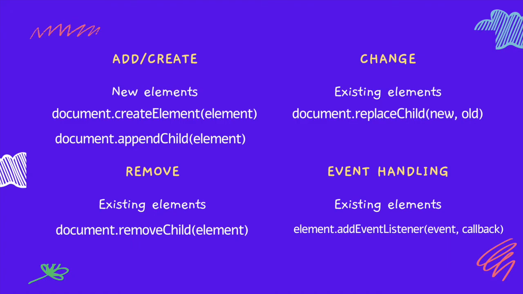This is called on an element, but in order to find that element, we do need to access the document, and it is through that document that we're able to find that element so that we can call addEventListener. And addEventListener accepts two arguments, which is the event that we're looking to trigger and the callback function through which we are looking to initiate an action of some kind when this event is triggered.